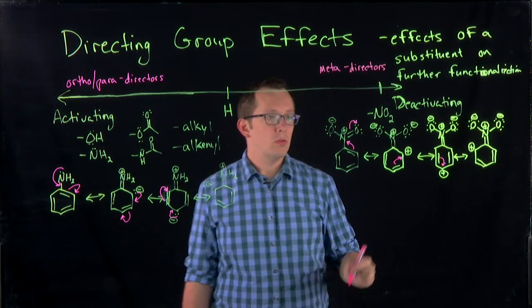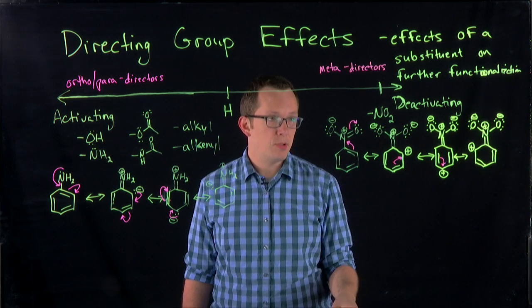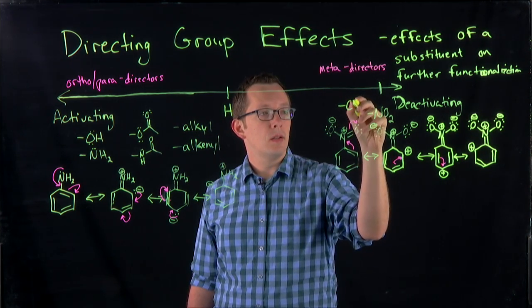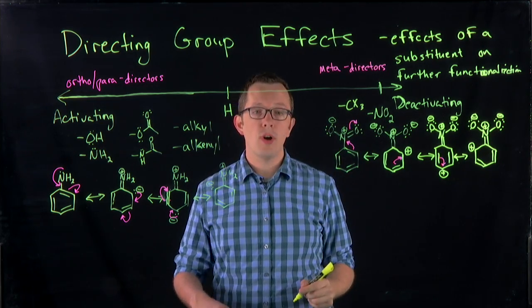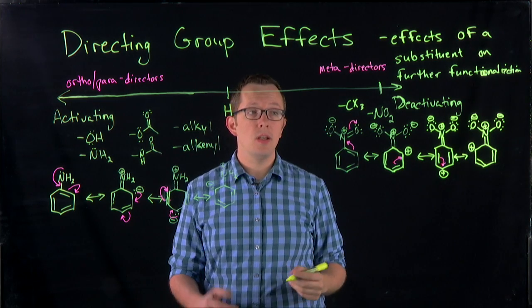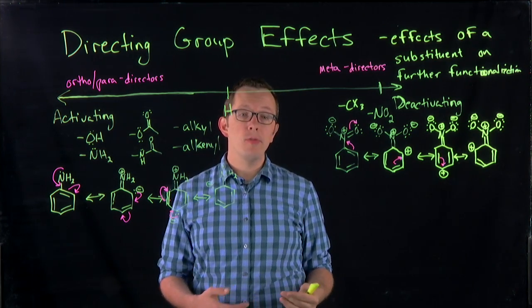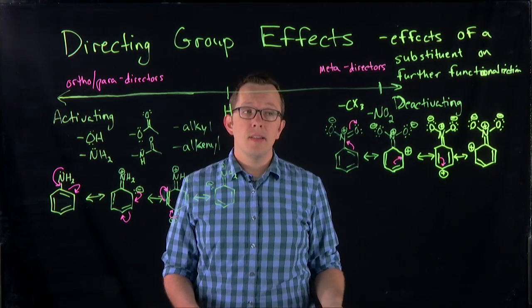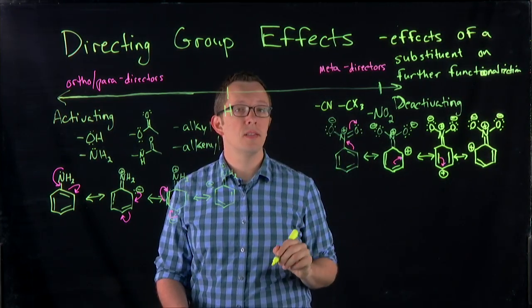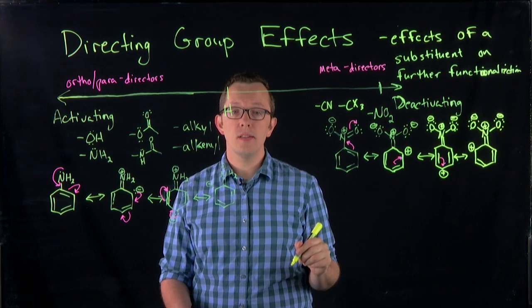Okay, so the nitro group is a classic example of this. Other examples would be things like a trihalomethyl group, where X is a halogen atom. These are going to be strongly electron withdrawing, not by resonance, but instead by inductive effects. We also have groups like nitriles, cyano groups.